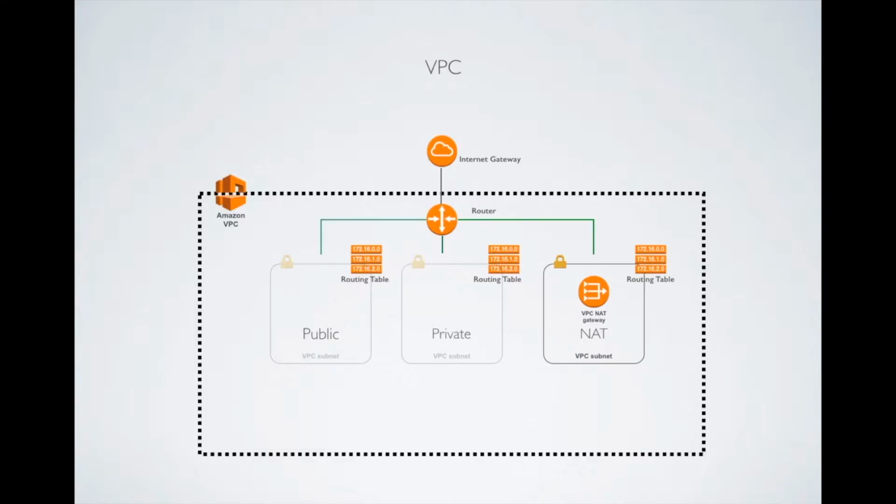In the background it is going to create a new VPC with the name we gave, in this case demo3, and for this VPC it will assign an internet gateway, and it will also create three routing tables: one for the public subnets, the second for the private, and the third one dedicated for NAT instances.